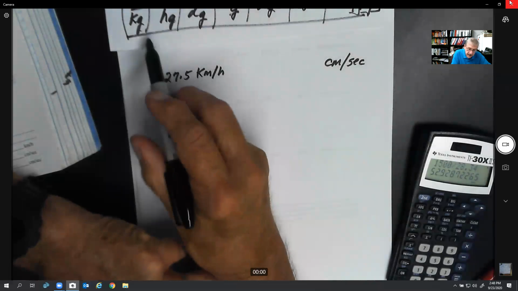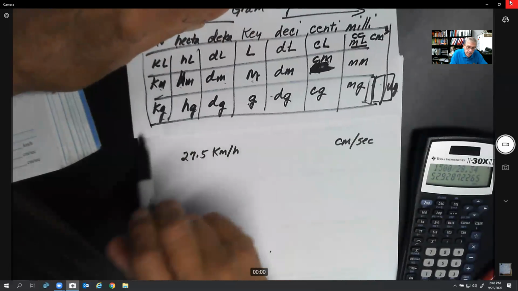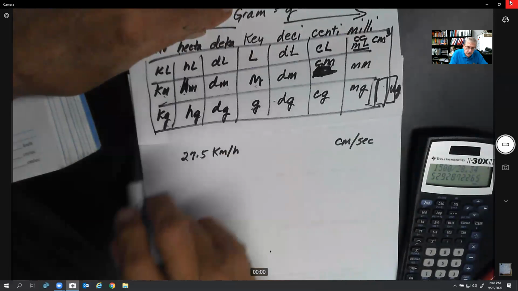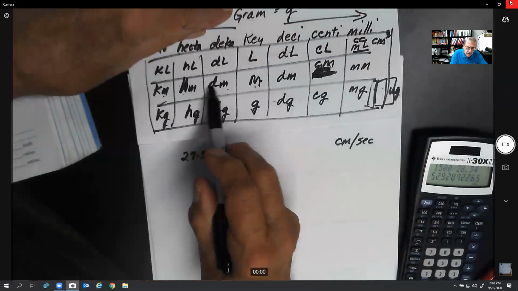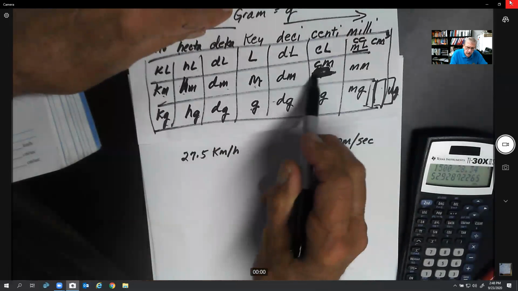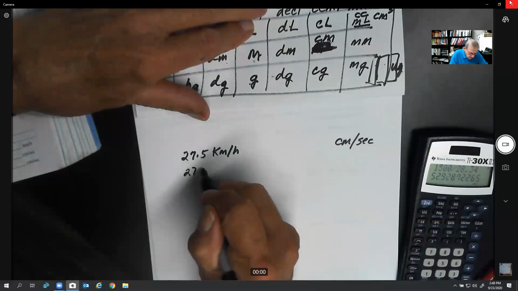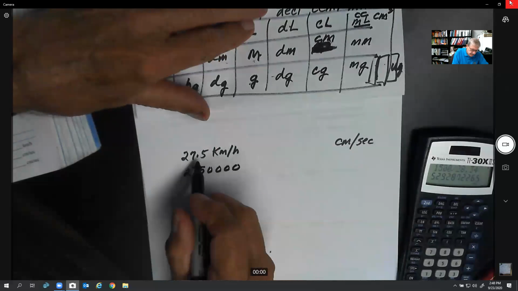And again, here's your kilometers, and we want to change to centimeters, way over here. 1, 2, 3, 4, 5 places. We've got to move this decimal point 1, 2, 3, 4, 5 places.